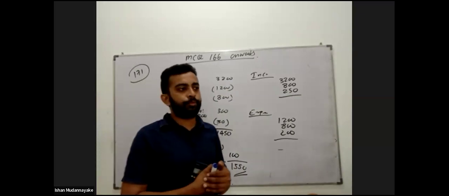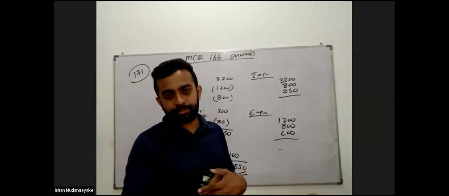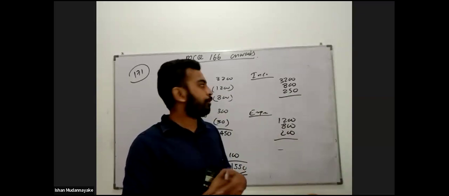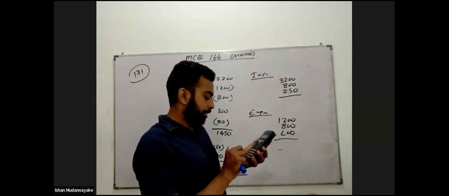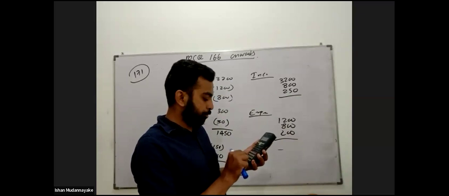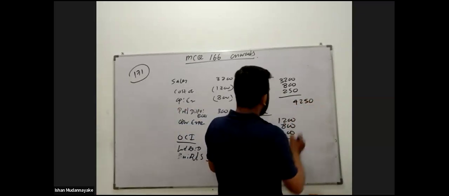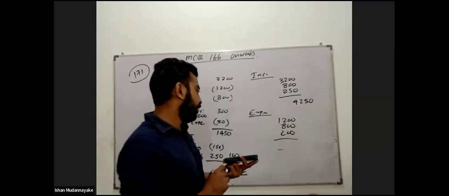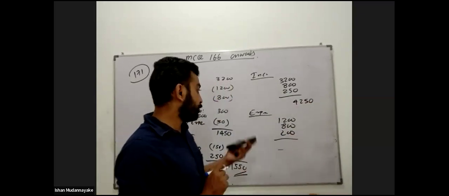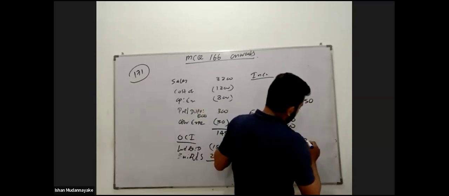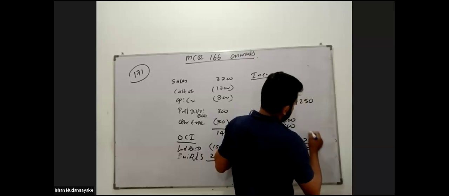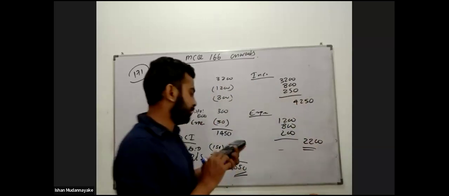So here, total income how much? 3,200 plus 800 plus 250, total income 4,250. Total expenses 2,200.